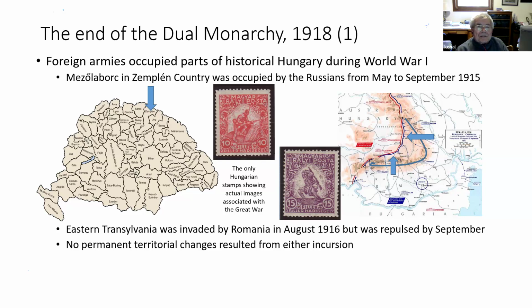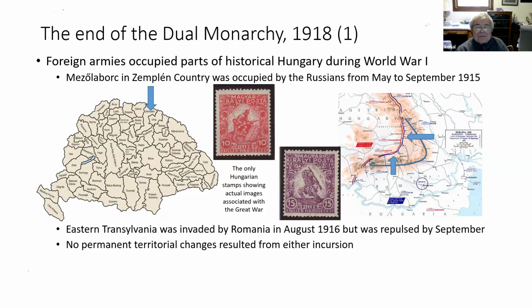The first was the Russian occupation of parts of Zemplén County in May to September of 1915 during the first Brusilov offensive. The second incursion occurred in August of 1916 when the Romanians attacked, and they marched 30, 40, 50 miles into Transylvania.